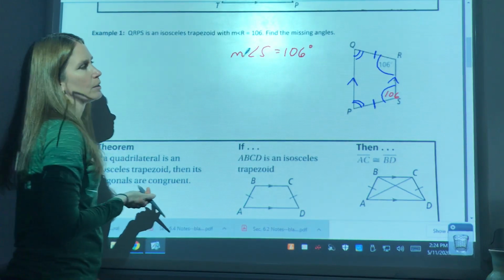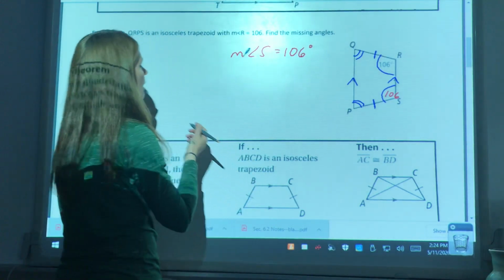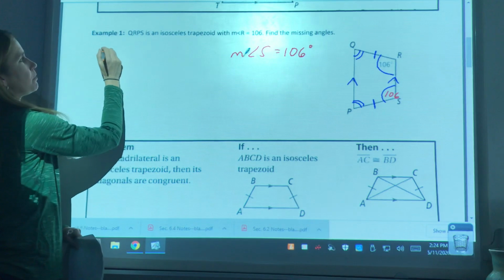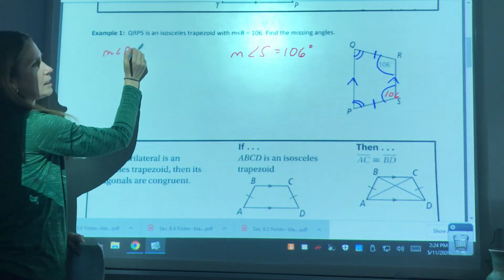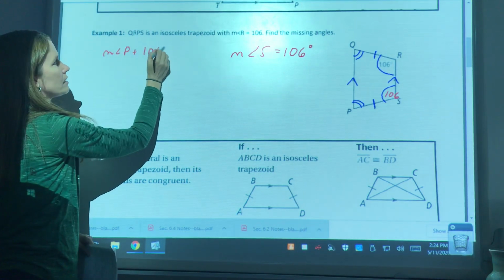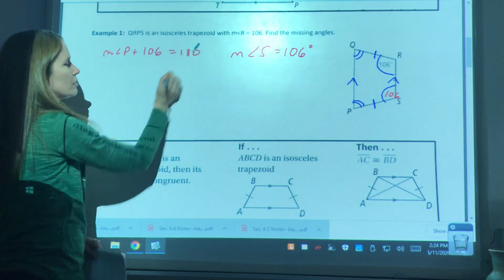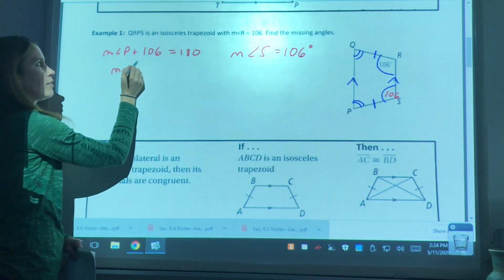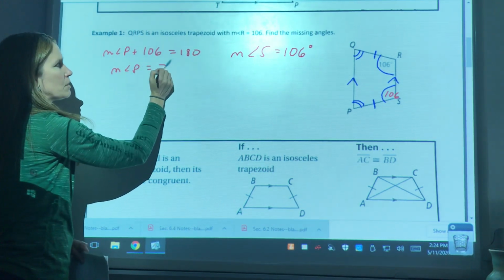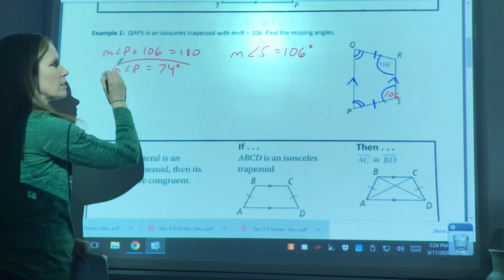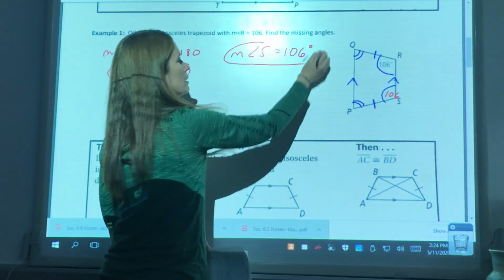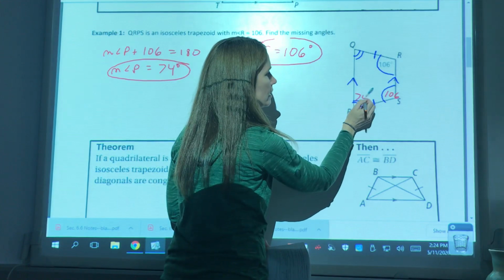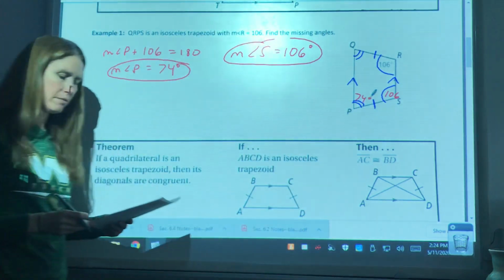Okay, so in this case, I know that the measure of angle P plus 106 has to equal 180, and when I solve for that, then I get measure of angle P is 74. And I can fill that in on my picture once I find that.